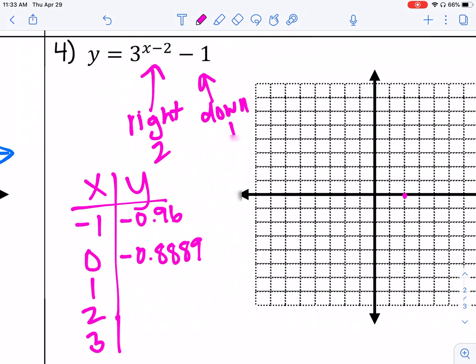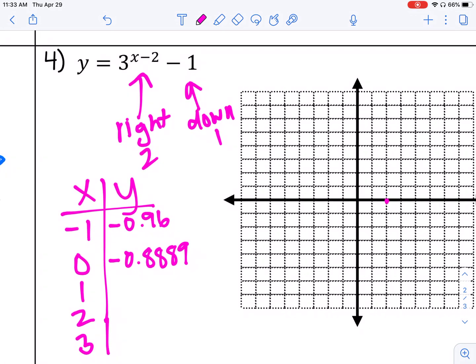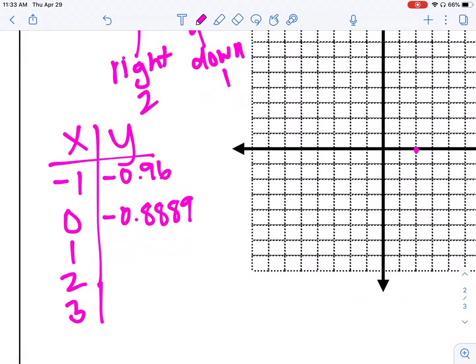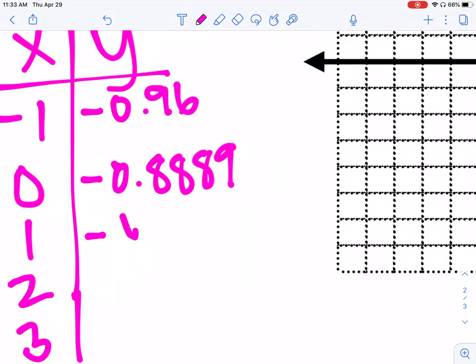Kind of ugly, but we know it's a little bit higher than our last point, right, at that negative 1. What about when x is 1? We've got 3 to the 1 minus 2, which would be 3 to the negative 1. So then we have 1/3 minus 1 is negative 2/3, or 0.67.